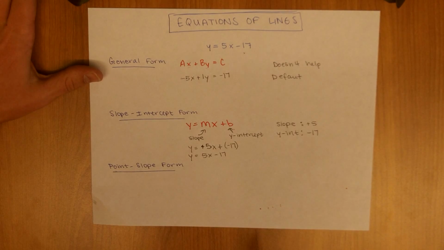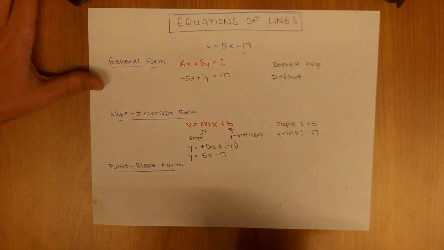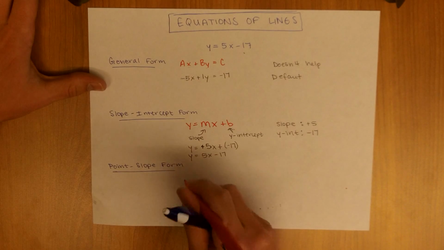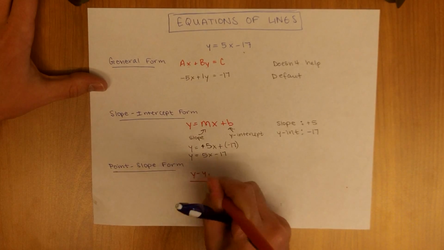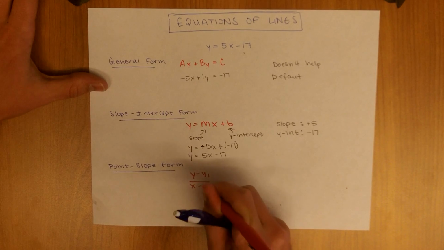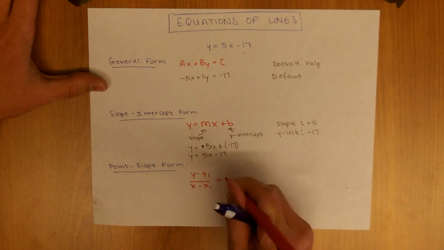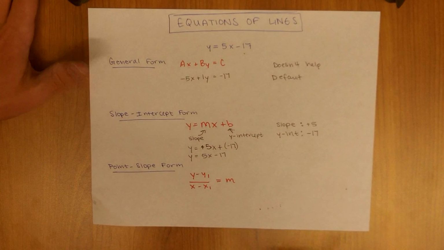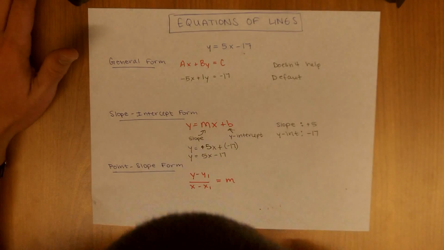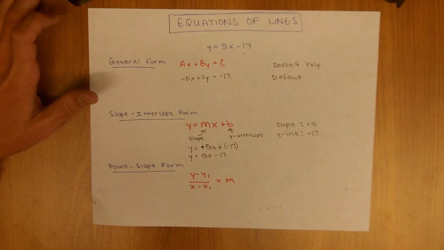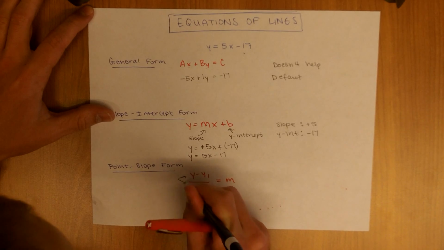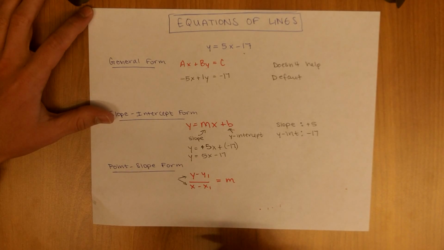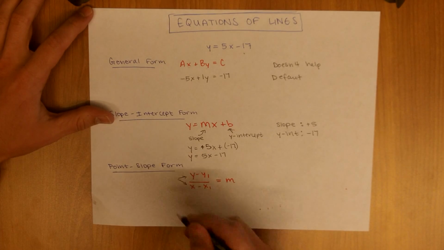Next is the point-slope form. Point-slope form can be written in general as y minus y1 over x minus x1 equals m. This one has quite a bit to it because it has multiple y's and multiple x's. This first set of x and y, those are actually variables.